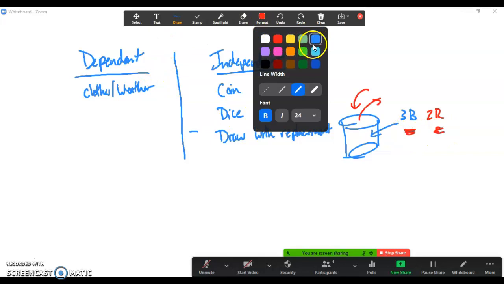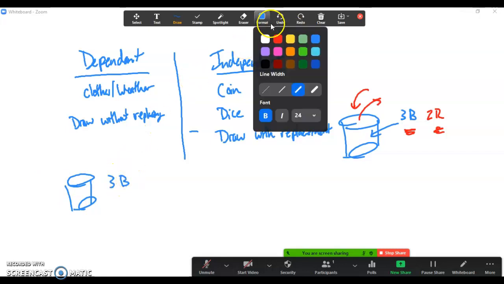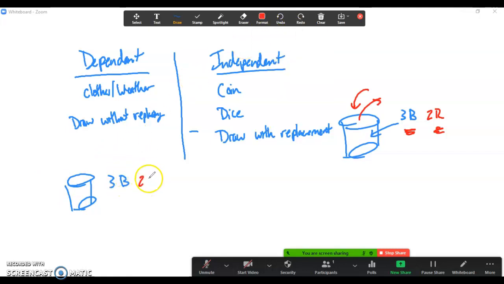The difference now is drawing without replacing. Same bucket, 3 blue, 2 red. This time when you draw one out, you don't put it back in.